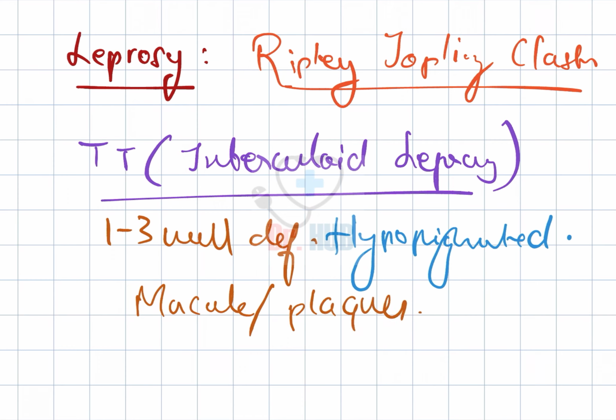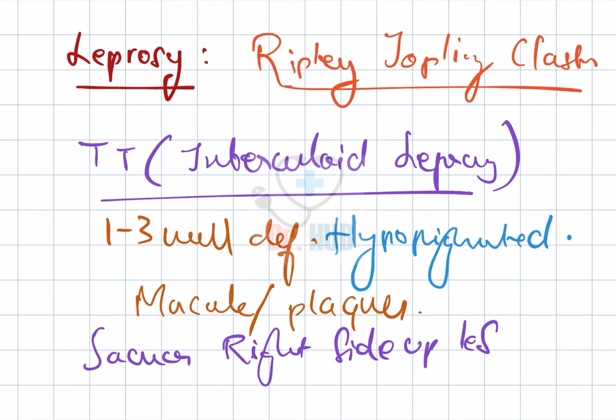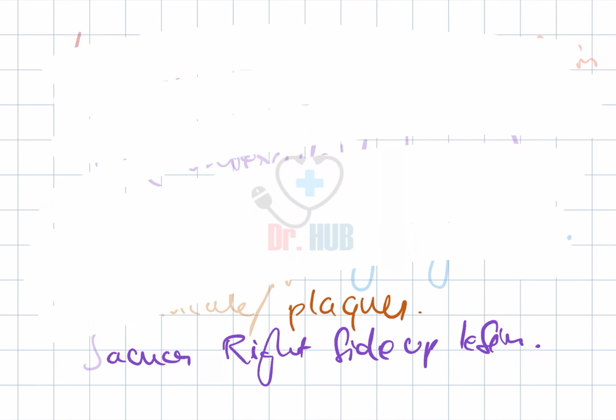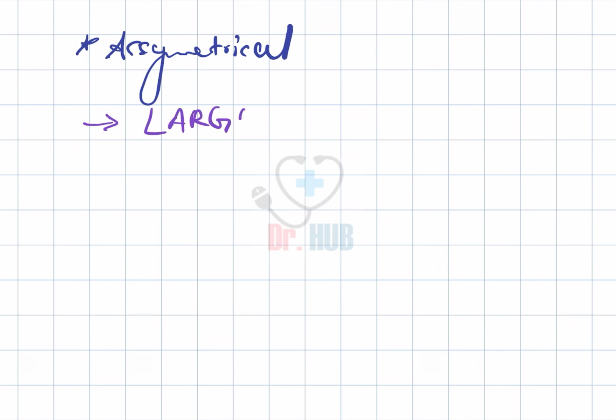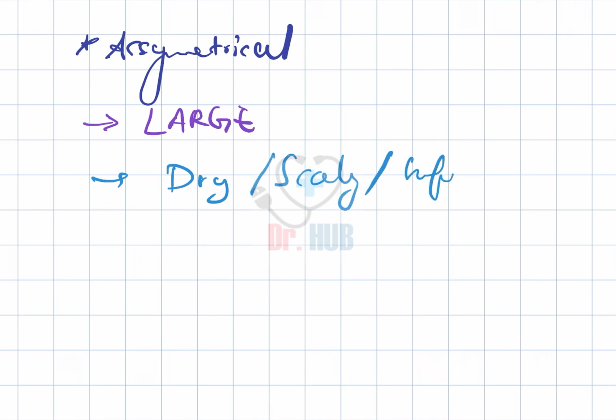Another keyword to know is the saucer right side up lesion, and the distribution is asymmetrical. Next, looking at the size, it is usually large, and the surface of the lesion is dry, scaly and infiltrated.